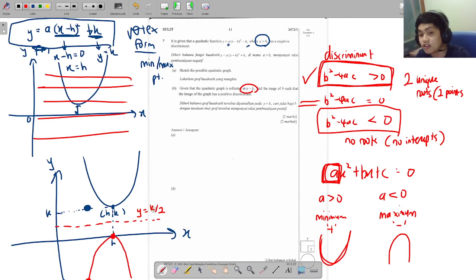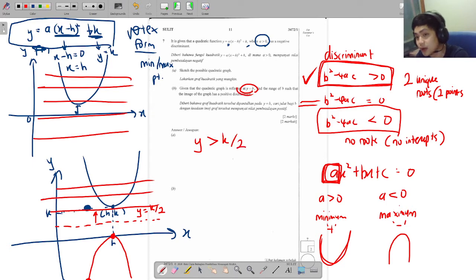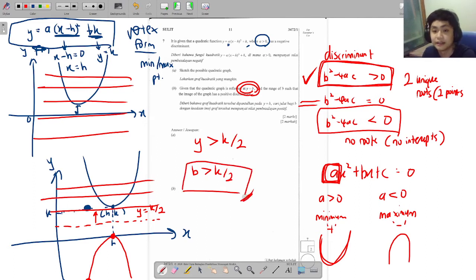So that means if I draw the line any higher than this, I will get a positive discriminant. So as long as you are greater than the dotted line, you will get a positive discriminant. So I can say that y is greater than k over 2. Or in other words, since y is b, we can say b is greater than k over 2. So this is our answer. This is the range of values of b such that the graph will have a positive discriminant.